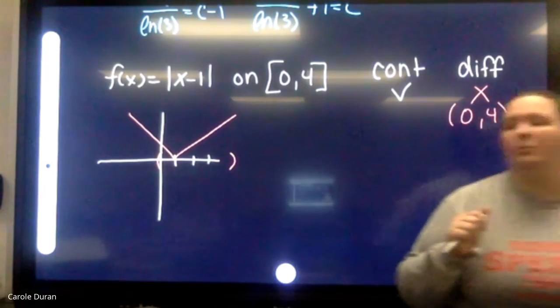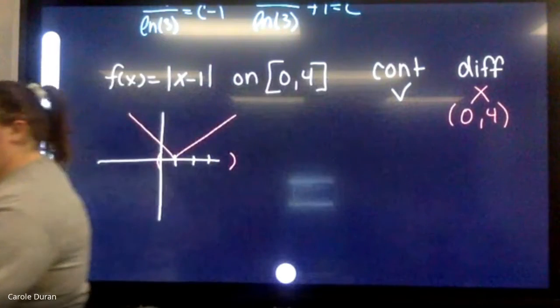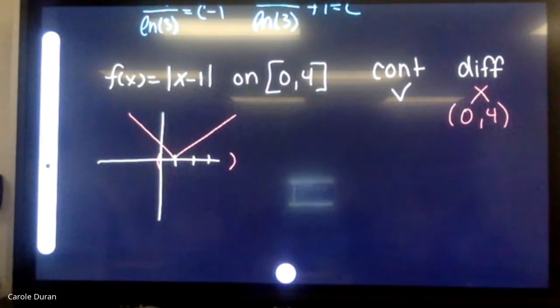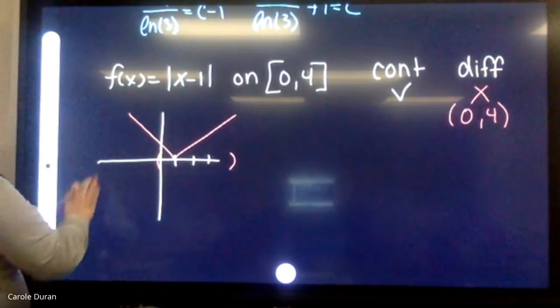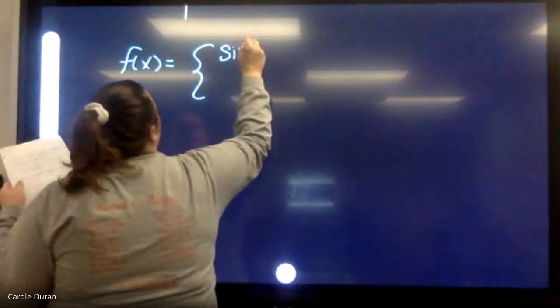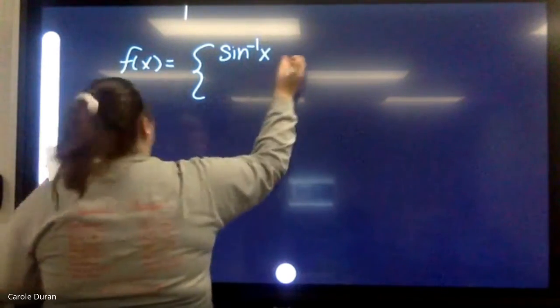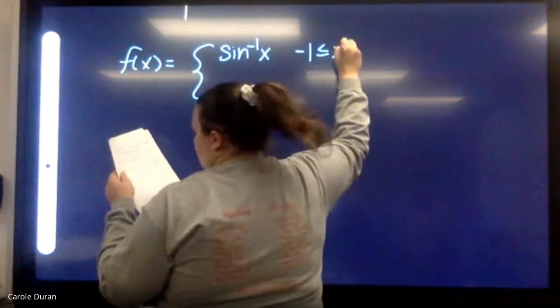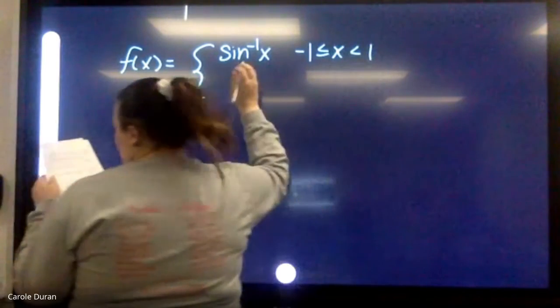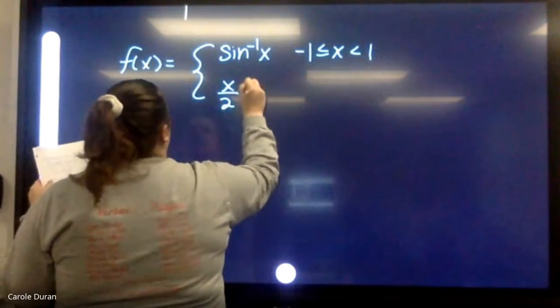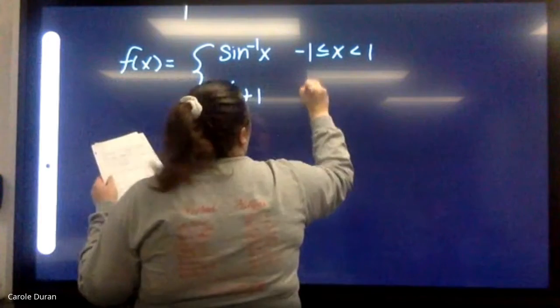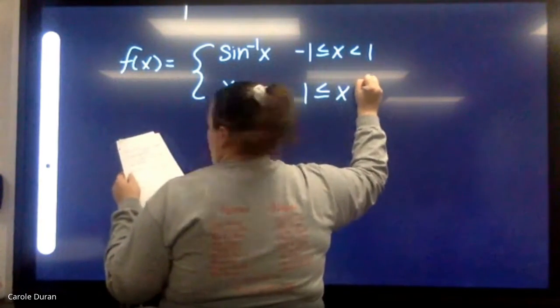Okay, we're going to do one more example, and then I'm going to let you work on your homework. The next function I would like us to do is f of x equals sine inverse of x, where x is between -1 and 1, and then x over 2 plus 1, where x is between 1 and 3.